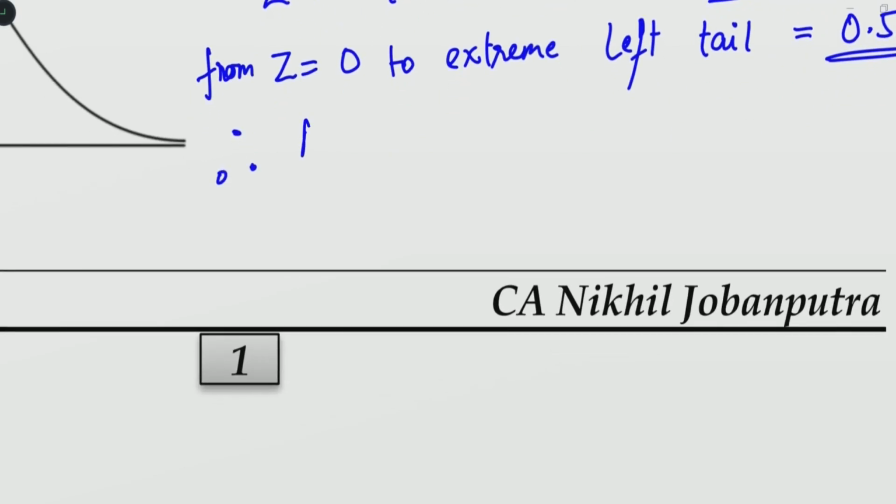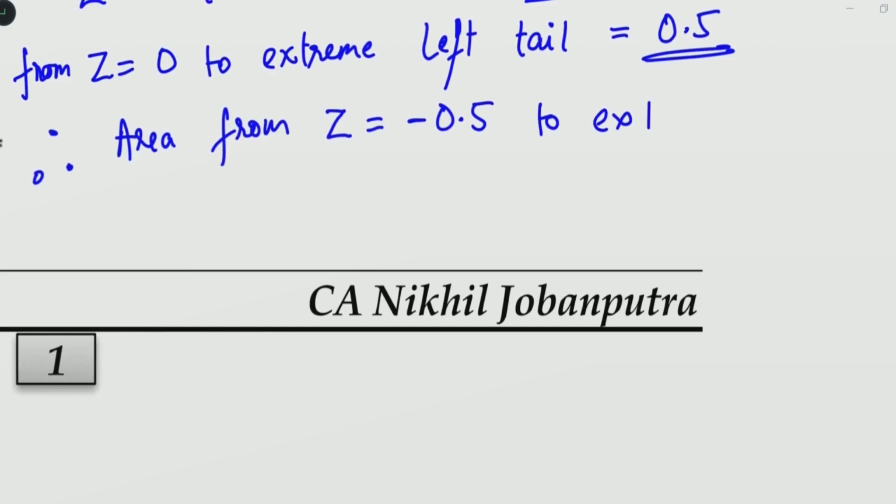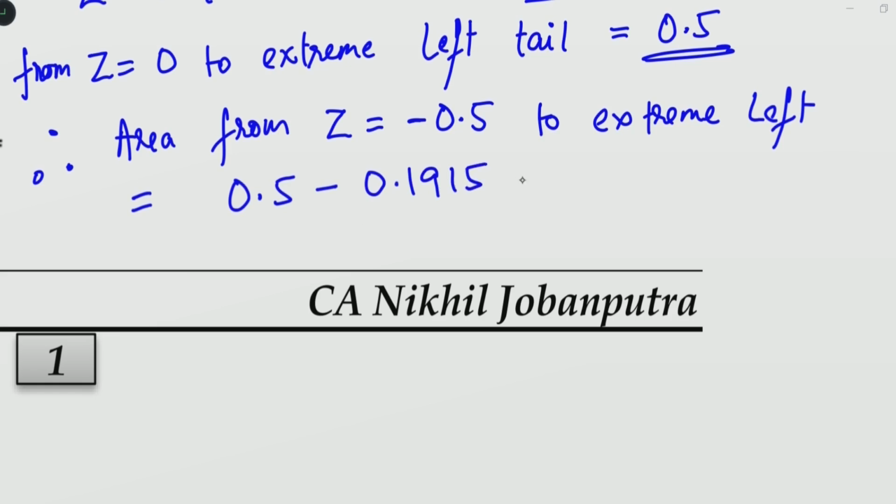Therefore, area from z equal to negative 0.5 to extreme left equals to 0.5 minus 0.1915.